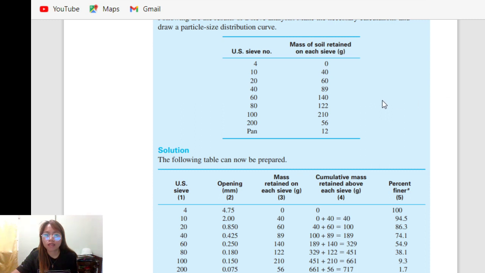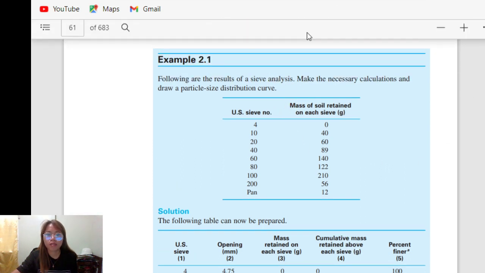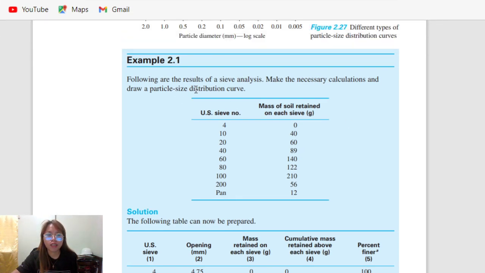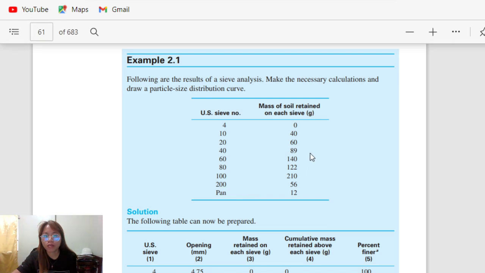So this is an example. Following are the results of the sieve analysis. Make the necessary calculations and draw a particle size distribution curve. We have the sieve number and mass of soil retained on each sieve, so the following table can now be prepared. We have to add an additional column.